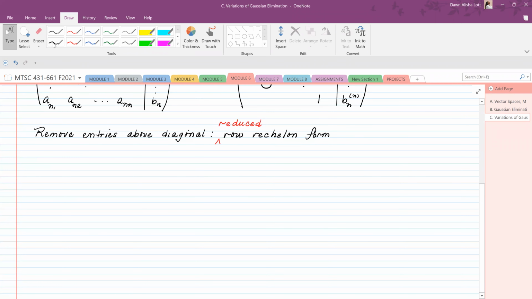Okay, so at step K, here's the algorithm. So step K. All right, you choose the pivot element.